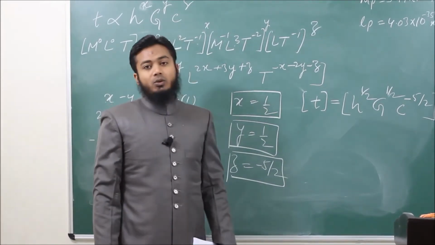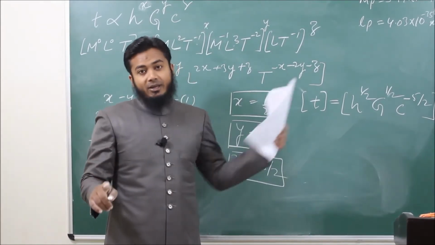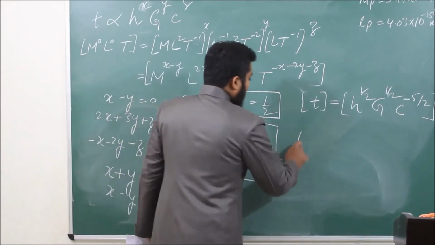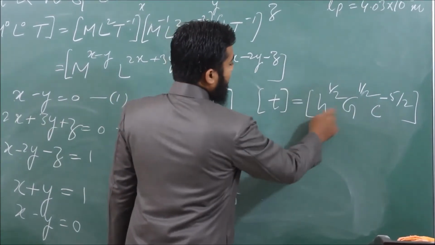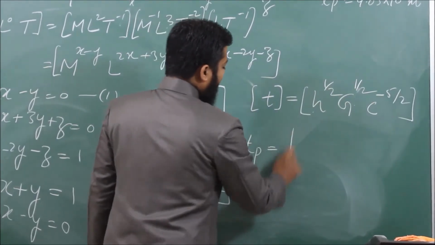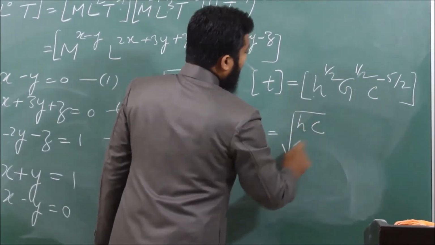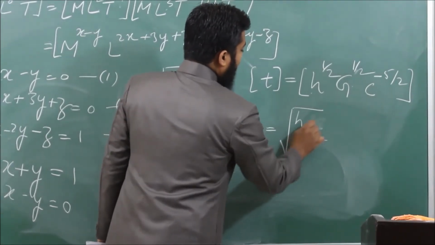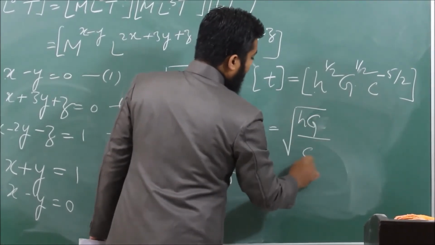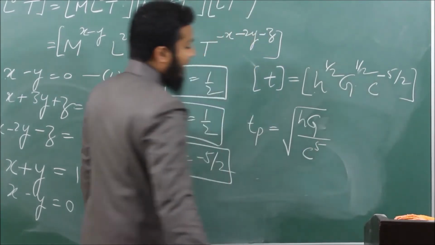And if you want to know 1 unit of time in that system, we call this Planck time. H and G both have power half, so I can write it as HG, and C will be in the denominator. Sorry, this is G, capital G. C will be in the denominator, which will have power 5.